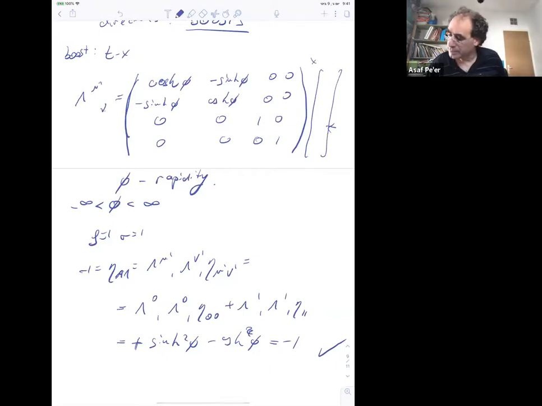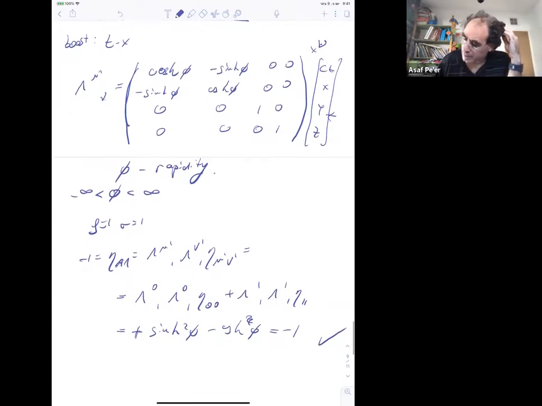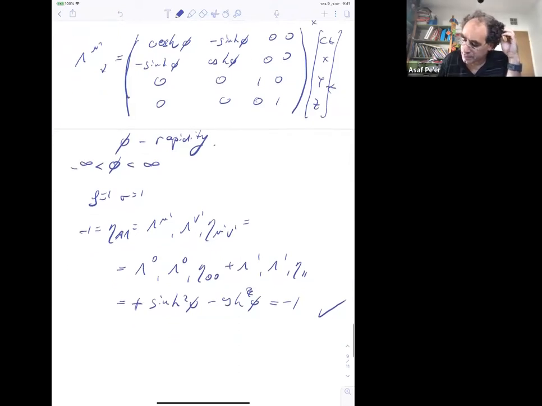X nu here will be ct, x, y, z, right? Then I can write it down. Now I'm simply using matrix times vector multiplication. So I have lambda mu prime nu x nu, which is of course x mu prime.